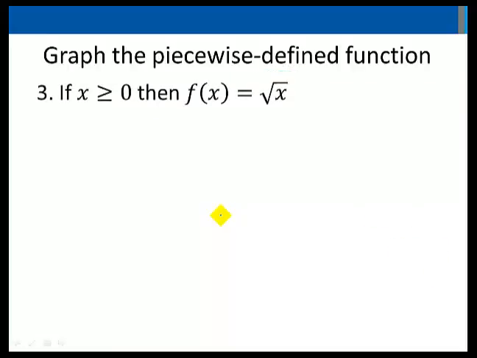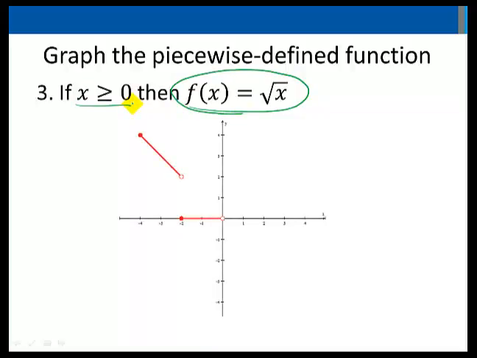And finally, we're going to graph the third part of our piecewise defined function, f of x equals square root of x, where x is greater than or equal to 0. Okay, this gives us an anchor of x equals 0. When x equals 0, y is going to be equal to the square root of x, which gives me y equals 0.